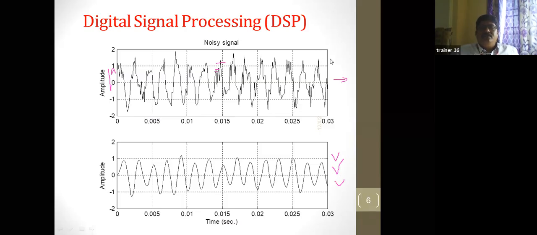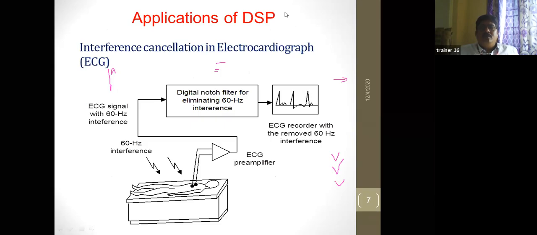The next, some applications, right? So here this DSP is used in ECG. I think all of you know that in medical. Is there any malfunctioning in the heart? With the help of the ECG, we can find out.